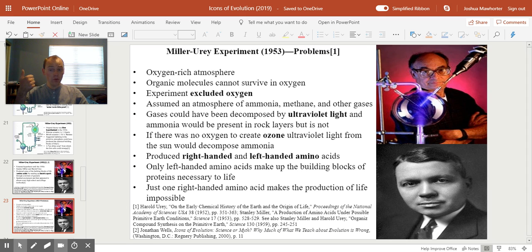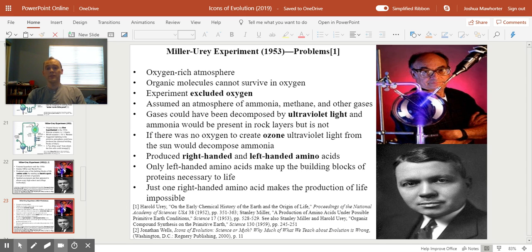They assume ammonia. Number two, they assume an atmosphere that's high in ammonia. But by also assuming that there was no oxygen, the ultraviolet light would have eliminated that ammonia. So they assumed no oxygen. Okay, that's a big assumption. And they assumed ammonia, but both of those are extremely problematic.